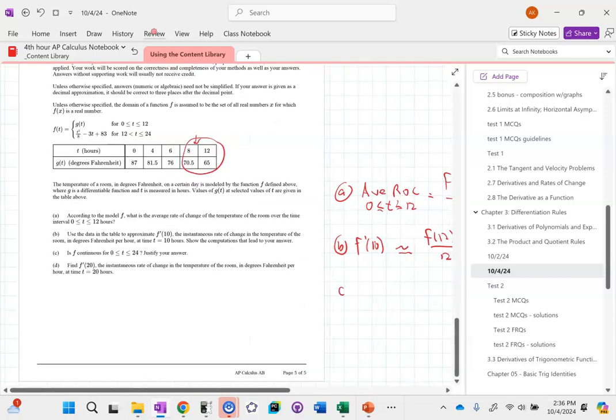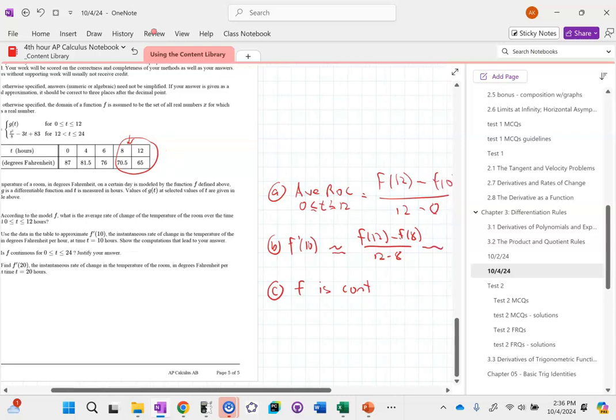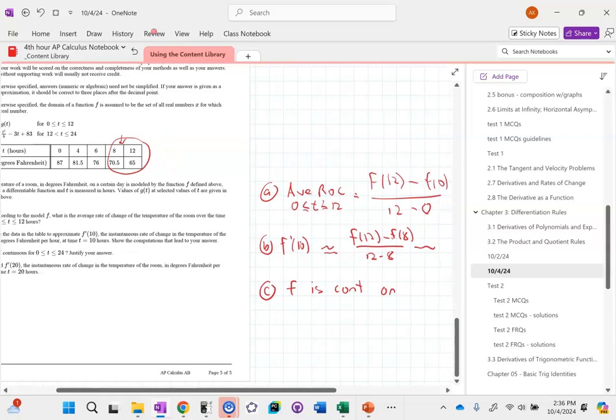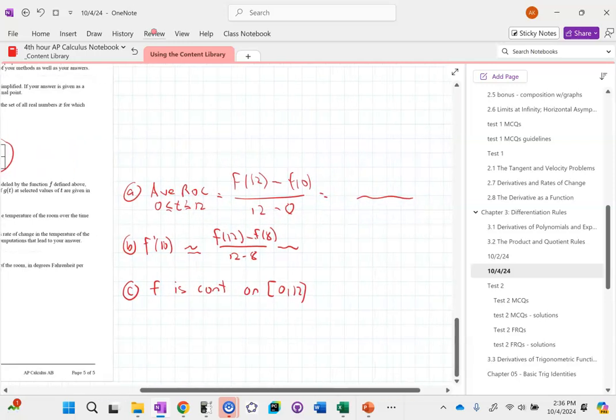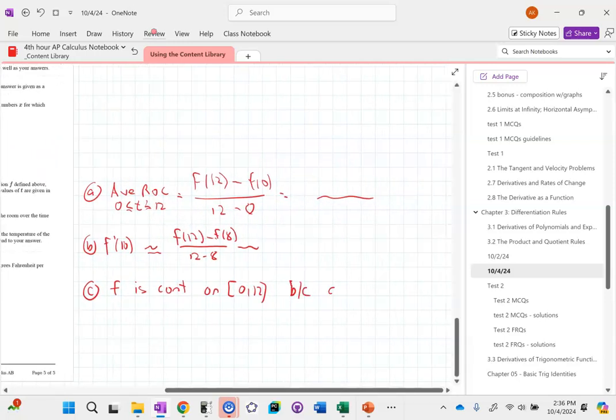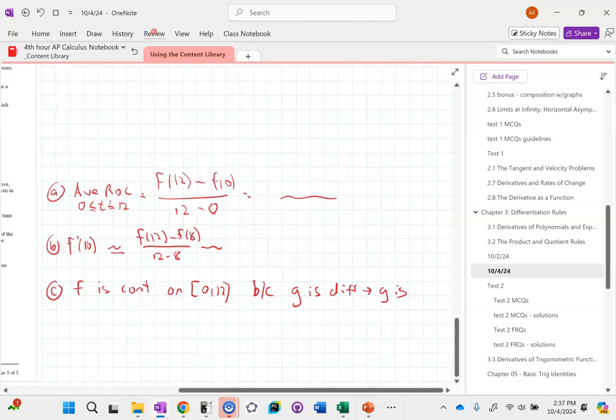Part C says, is f continuous on 0 to 24? Justify your answer. So there's three things I'd want to do for this. I know that f is continuous on 0 to 12 because g is differentiable, which implies g is continuous.